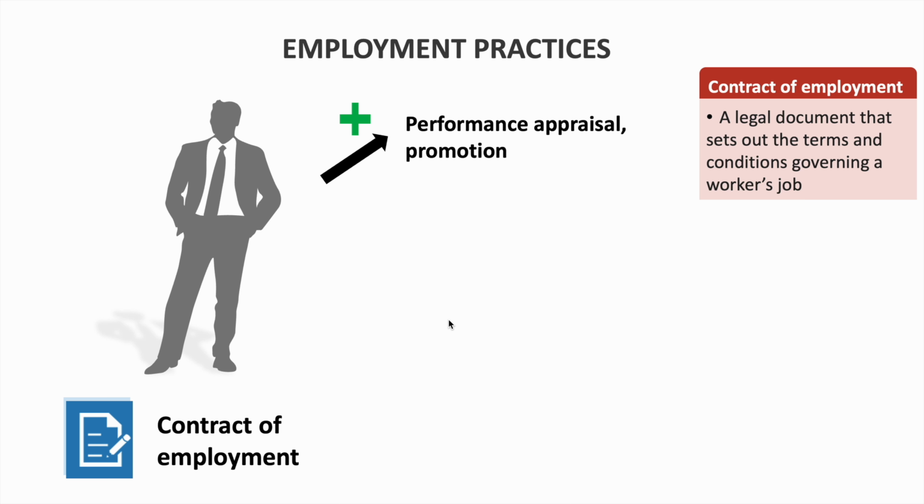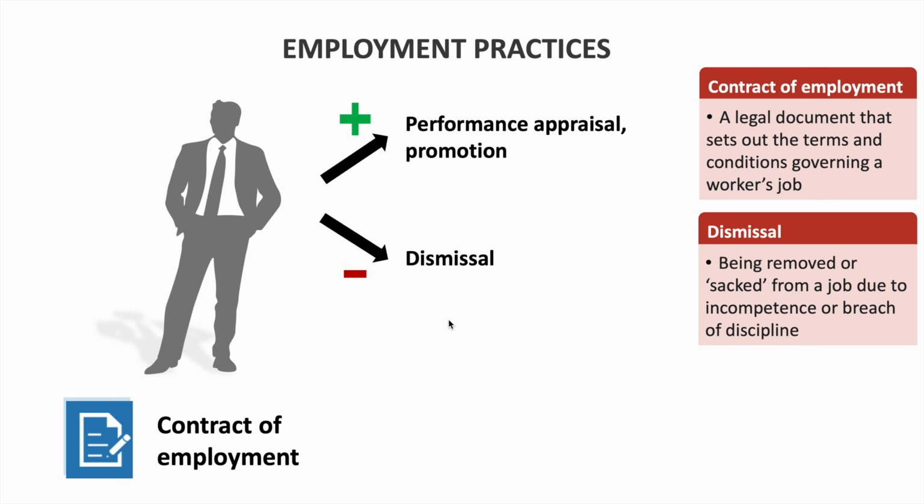This is the positive result of this cooperation with this particular employee. Or it can happen that the employee is not performing as we have agreed, and this can then lead to dismissal. Dismissal is defined as being removed or sacked from a job due to incompetence or breach of discipline.